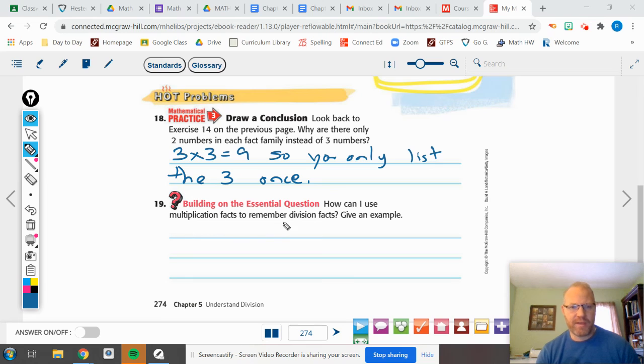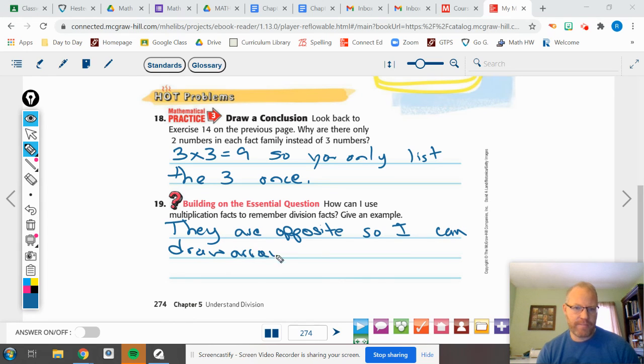How can I use multiplication facts to remember division facts? They are opposite, so I can draw arrays or multiplication sentences.